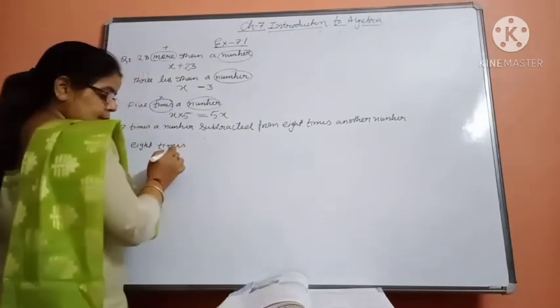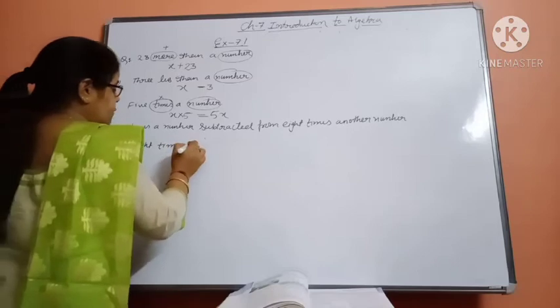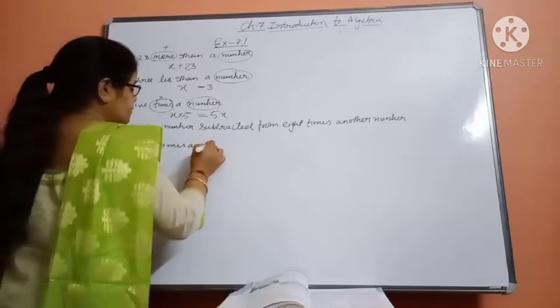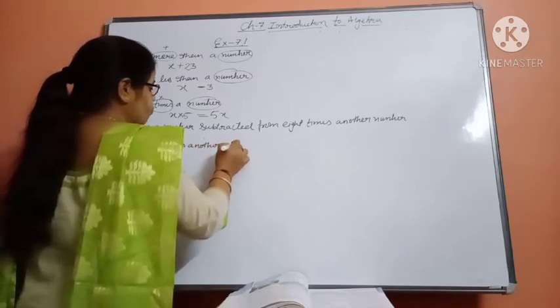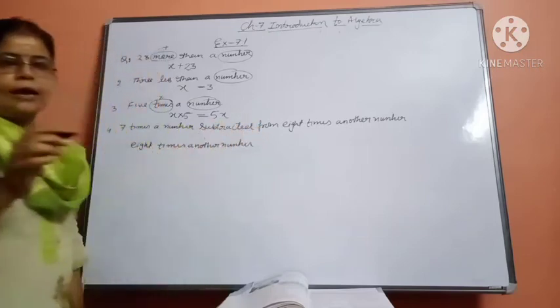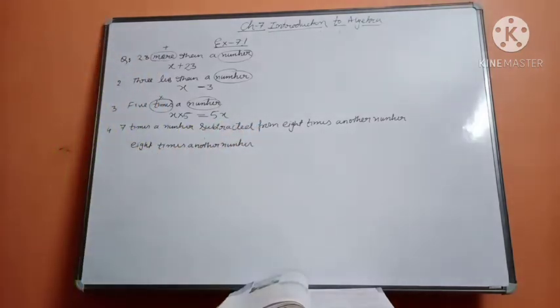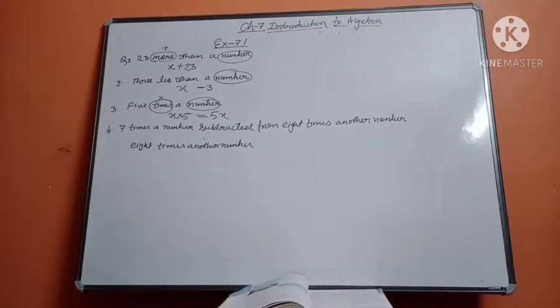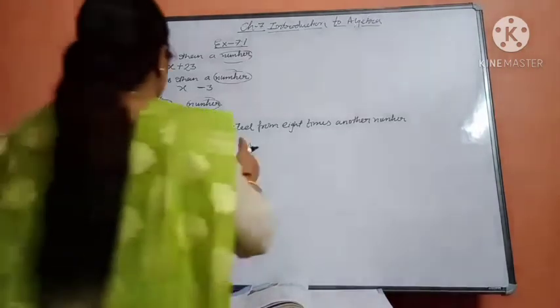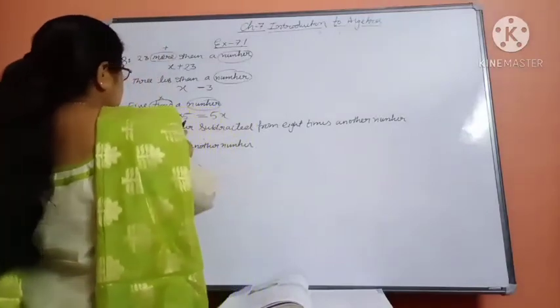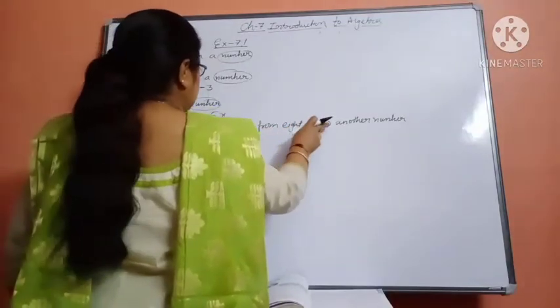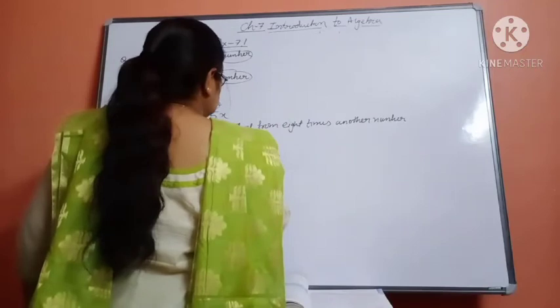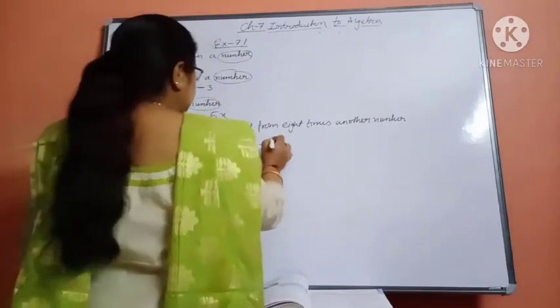Another number means anything we can take. Subtracted means minus, 7 times a number.